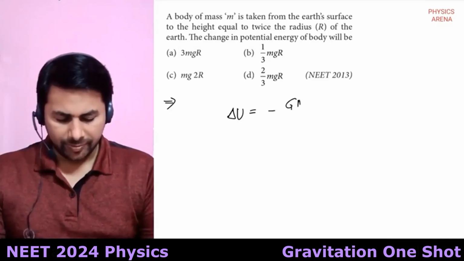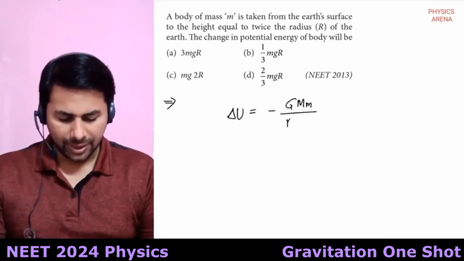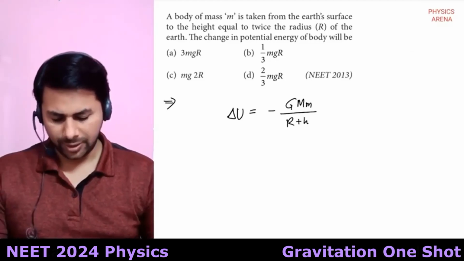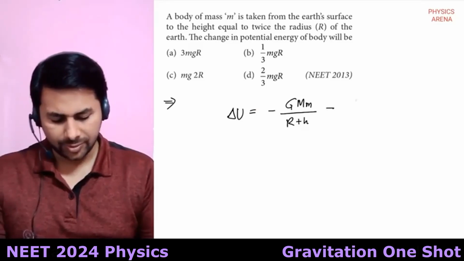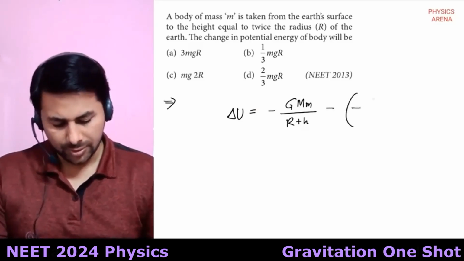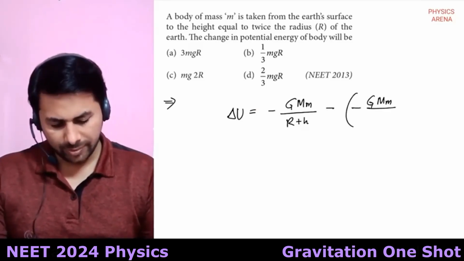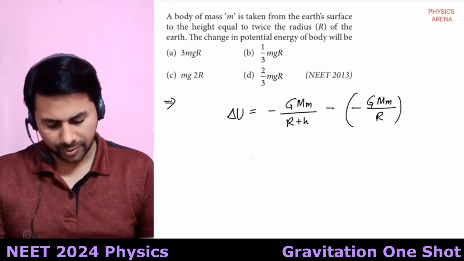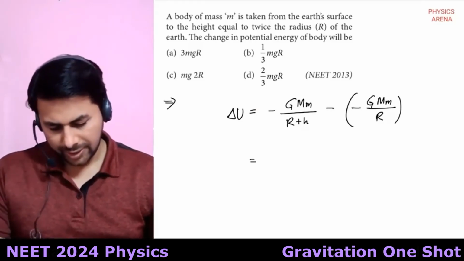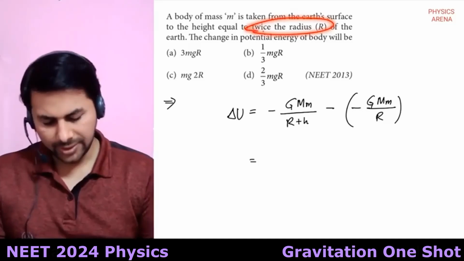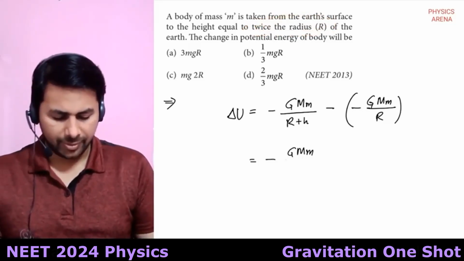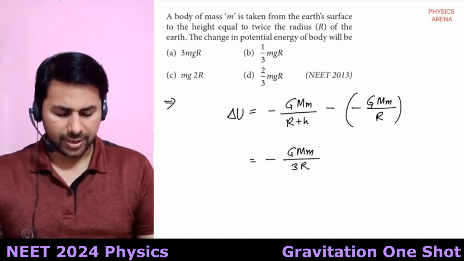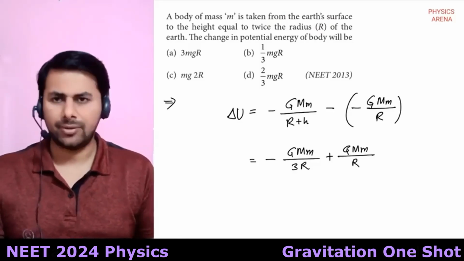So it is minus GMm upon capital R plus h. Okay, this is final U minus initial U, GMm divided by R. So what is h? Twice the radius R. So it is minus of GMm upon 3R plus GMm upon R.